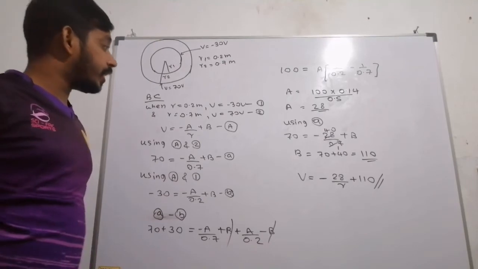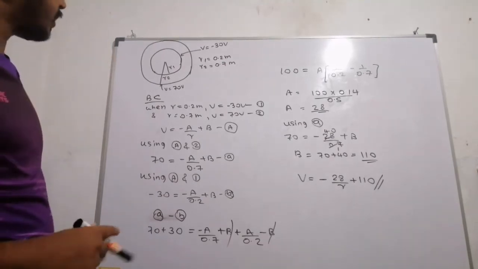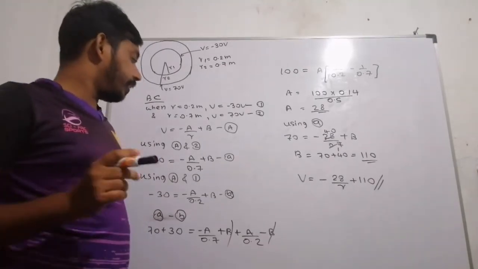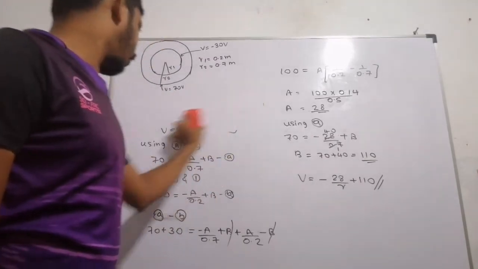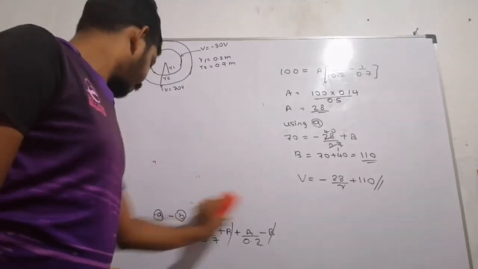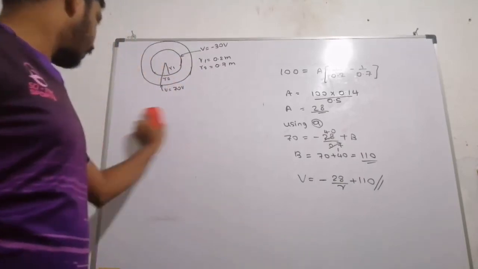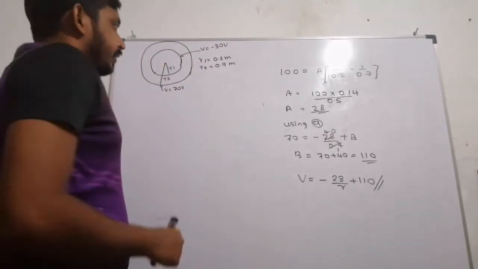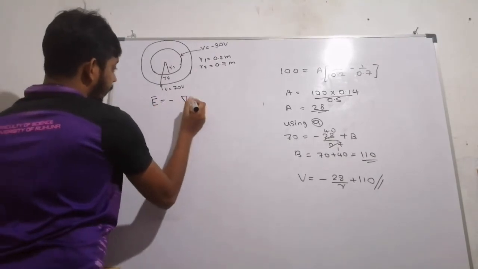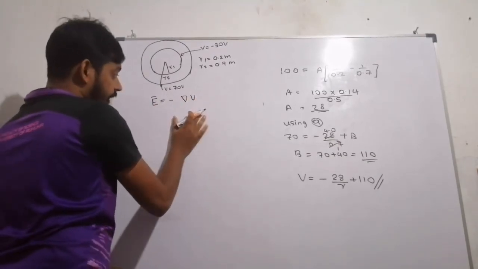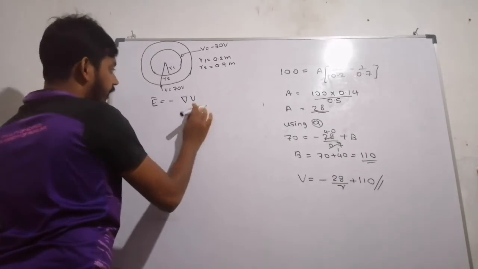Now let me find the electric field. I will erase those things. As you know, electric field equals minus grad V. This is not divergence, this is gradient.